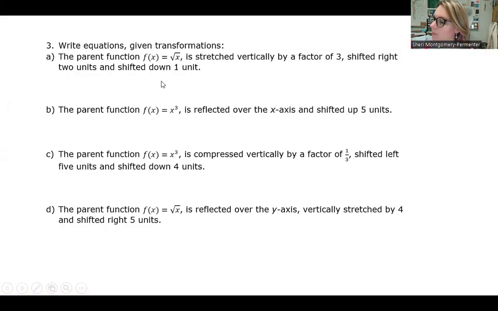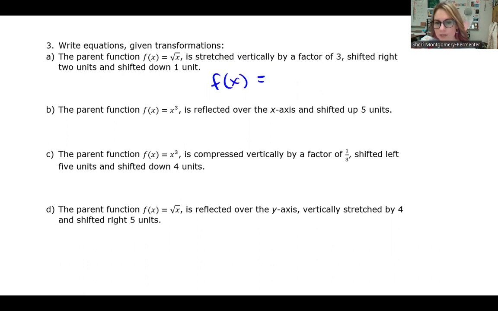On to the back. The first section is all in words. Nobody really likes doing words in math, but we can do it. The first one says we've got a parent function, and then it says it's stretched vertically, shifted right, and shifted down. Okay, to write an equation, we know it's going to be an f of x.